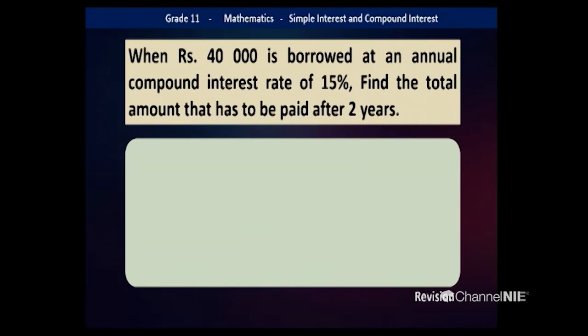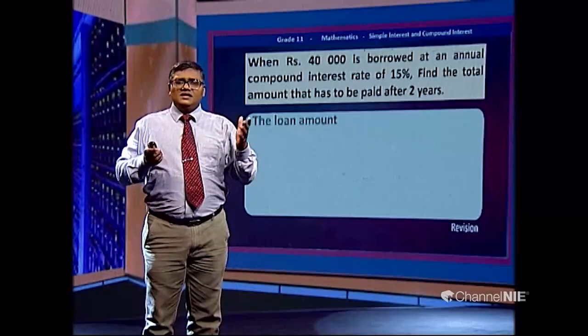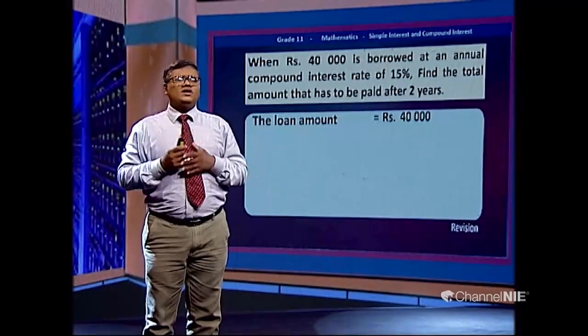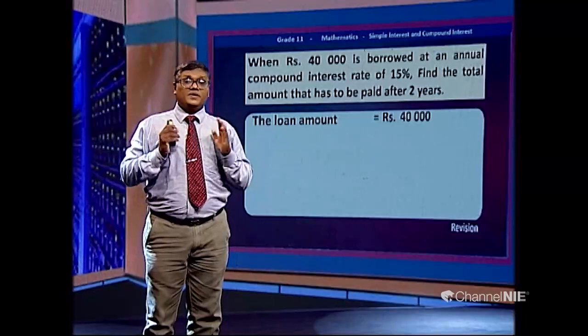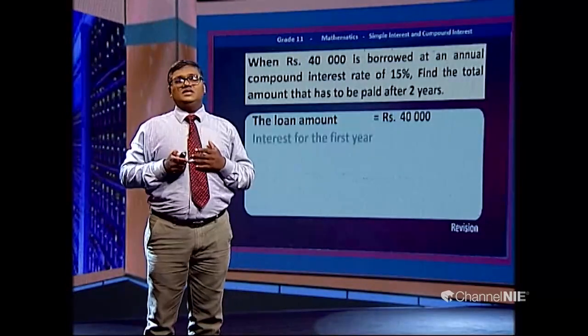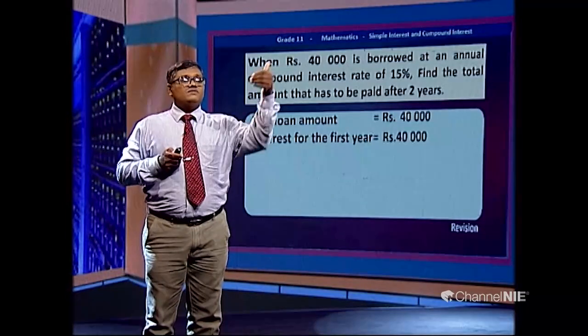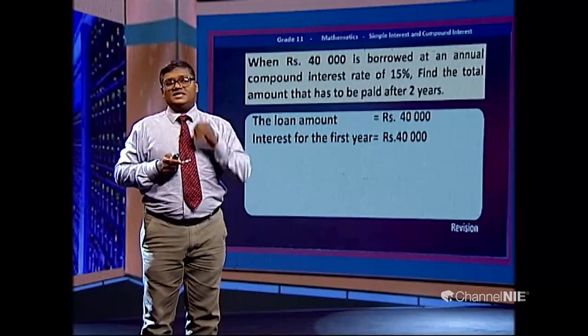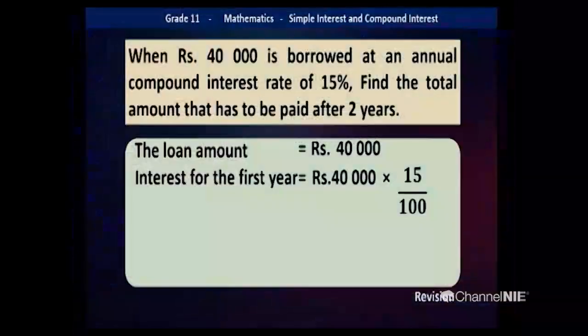Now the first year interest and second year interest. Let's see, what is the loan amount? 40,000, the principal amount or the main basic amount. 40,000 into, then what is the interest rate? The interest rate is 15%. Then 40,000 into 15 upon 100. When you cancel, as I told earlier, you can cancel in any way you like.